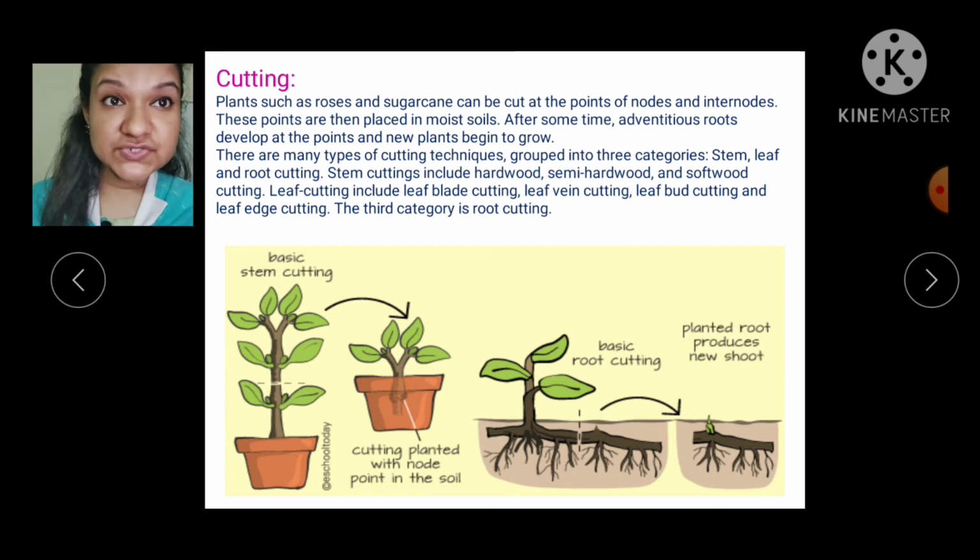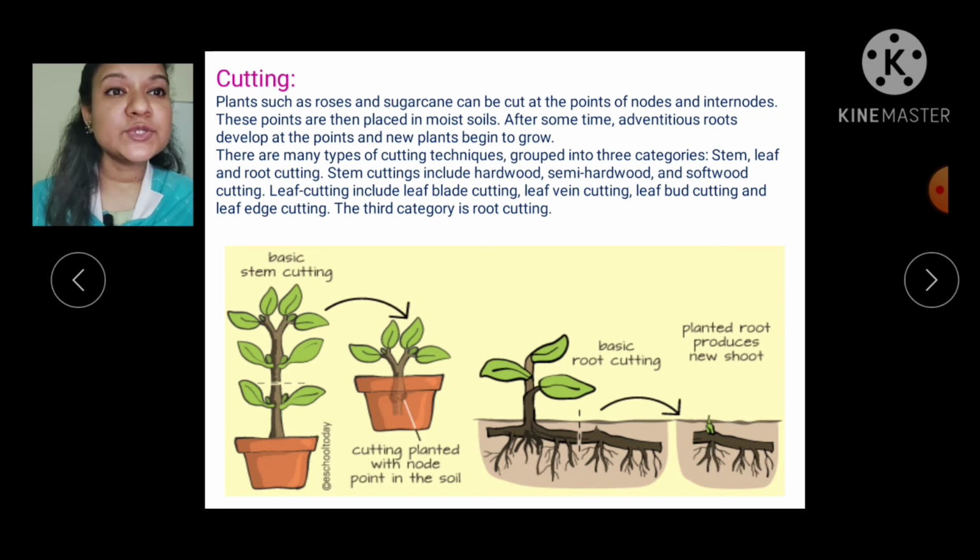Plants such as roses and sugarcane can be cut at the points of nodes and internodes. These cuttings are then placed in moist soil. After some time, adventitious roots develop at the points and new plants begin to grow. There are many types of cutting technique, grouped into three categories: stem, leaf and root cutting.